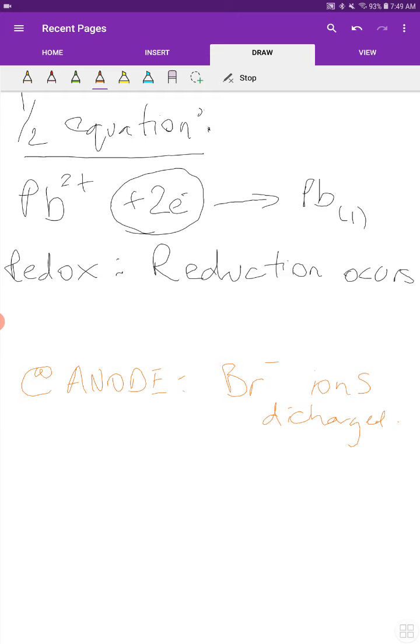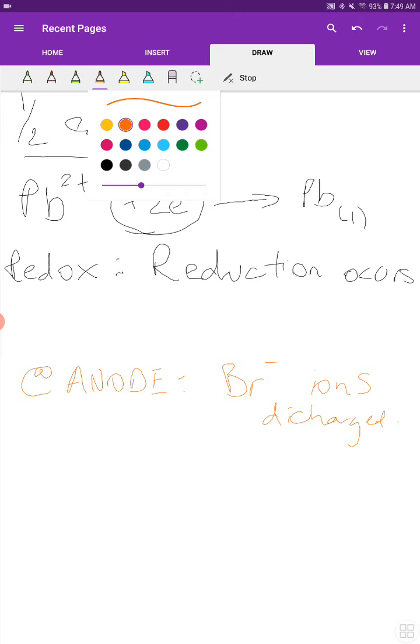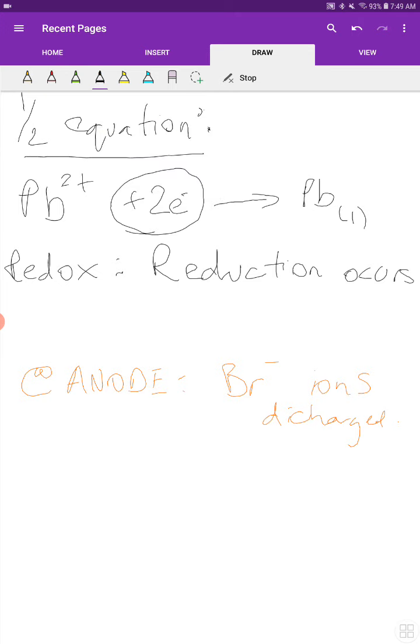So it's very straightforward. But when we look at aqueous electrolytes, there's going to be two cations and two anions, and then you will see the importance of why I highlight what ion is discharged at each electrode. Then we may be asked to write what the half equation is.